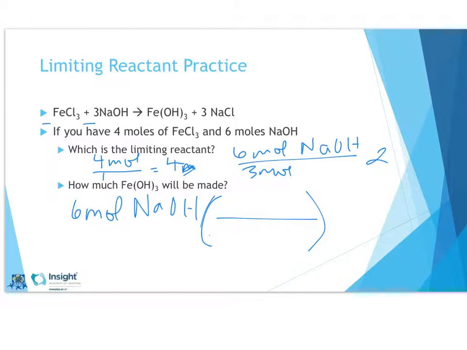So 6 moles NaOH, to cancel that out, I'm going to put the 3 moles from the equation. So this molar ratio step right here always comes, the numbers always come from your equation, never ever from anywhere else. And then FeOH3 makes 1 mole because there's no number in front of it.